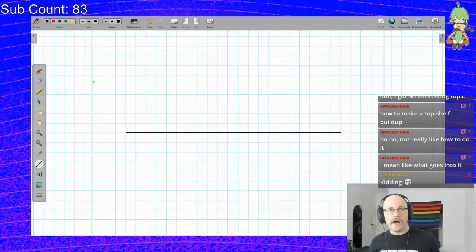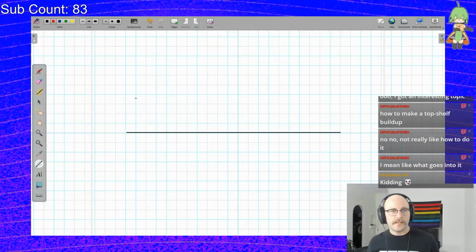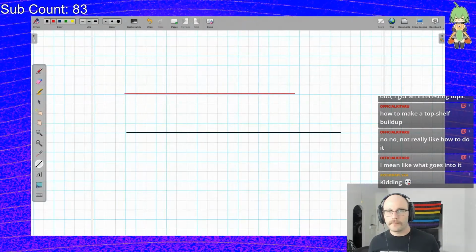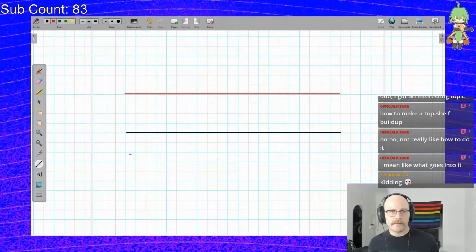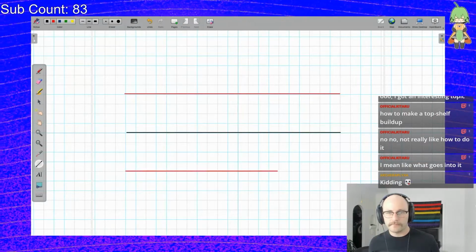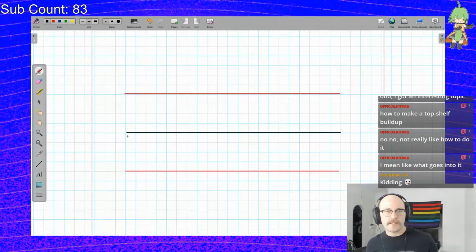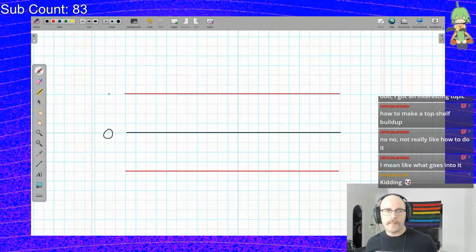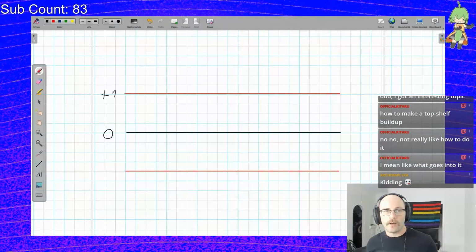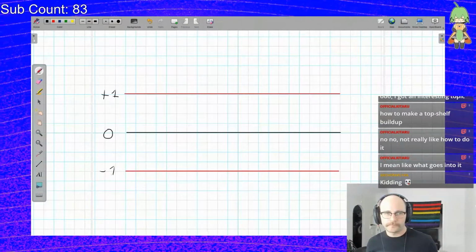We're going to have an upper bound and a lower bound, which I'm going to mark in red. The upper bound is going to be here. And then the lower bound is going to be here. Now, I'm going to mark these with some numbers. I'm going to call this 0. I'm going to call this positive 1. I'm going to call this negative 1.